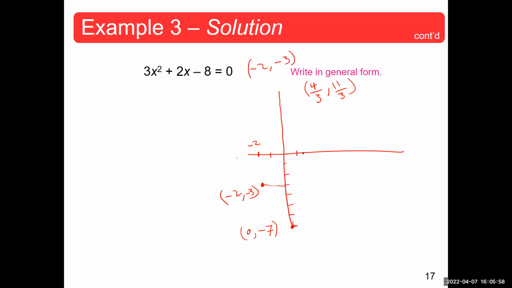Well, if this is 1, 2, 3, 4, 5, 6. So 4/3 is kind of like 1 plus some fraction, and 11/3 is 3 plus.